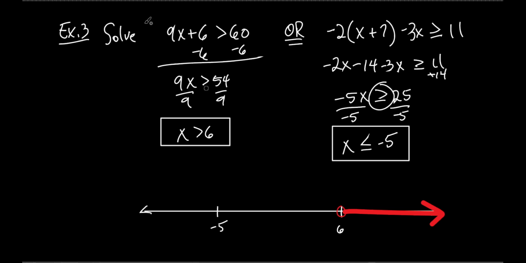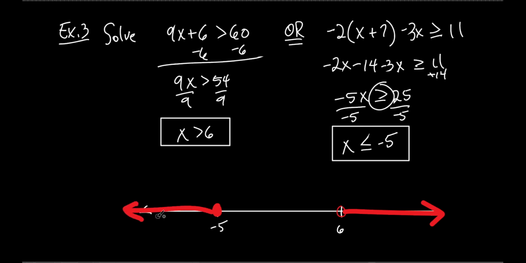Okay. This next one, I'll tell you what, I'm going to keep it red because we're going to keep both of those. This one says that x is less than or equal to negative 5. So what kind of a circle do we have here? Closed or equal to, right? Or equal means it's closed. If there's no or equal, it's open. And this says less than or equal to negative 5. So this one, we go where?